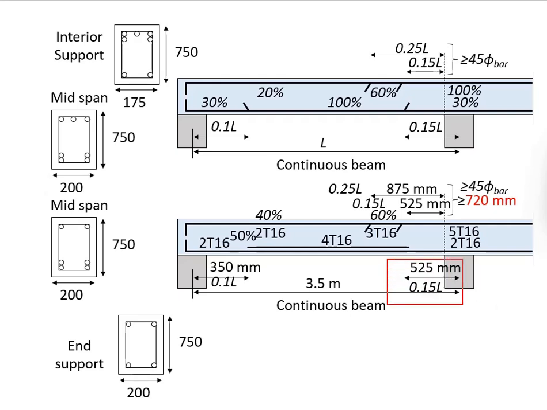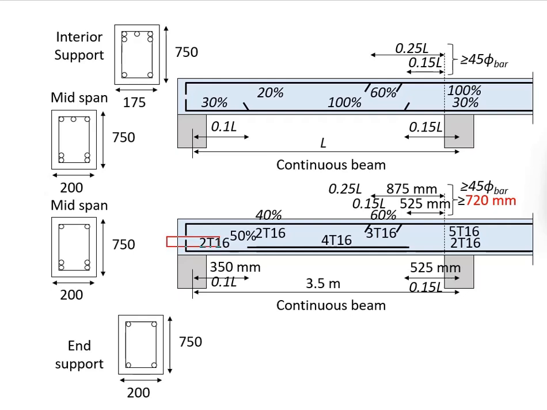The other side will be 0.15 times the effective length, which is 525 mm. These numbers are rounded to the nearest 25 mm. 1 inch equals 25 mm. This allows easy conversions from SI units to imperial units.